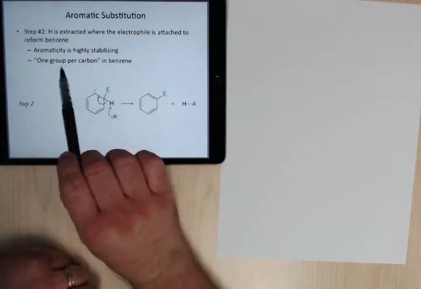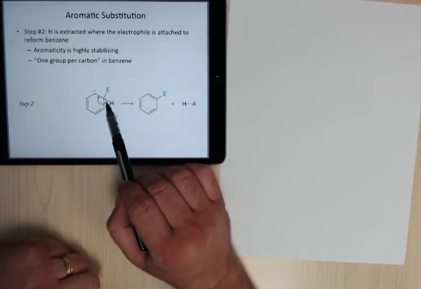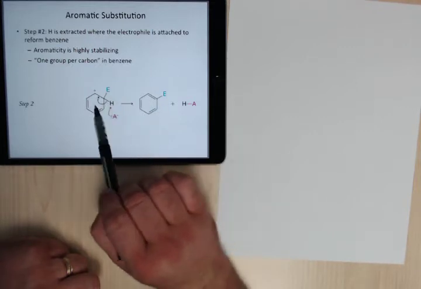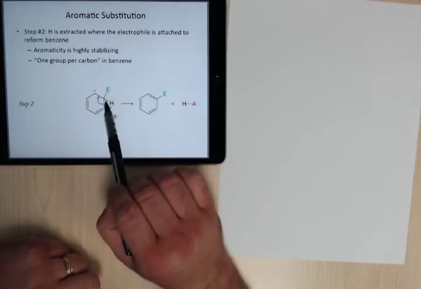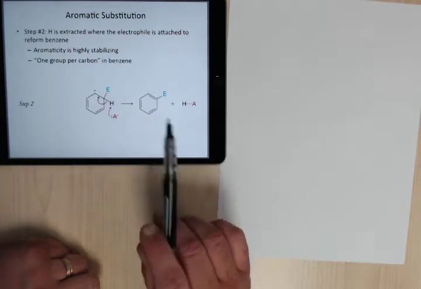Remember, you can only have one group per carbon in a benzene; here you'd have two. But we're going to reestablish the benzene: the two electrons in the C-H bond become the new carbon-carbon double bond here.